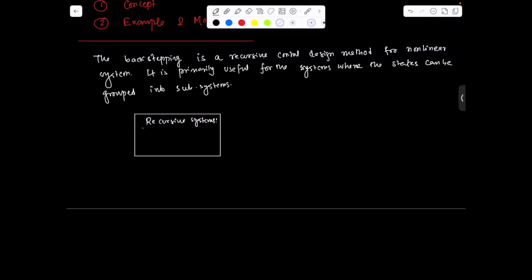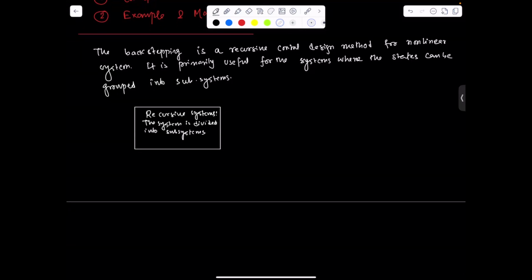Here, the system is divided into subsystems, and each subsystem depends on the previous one.